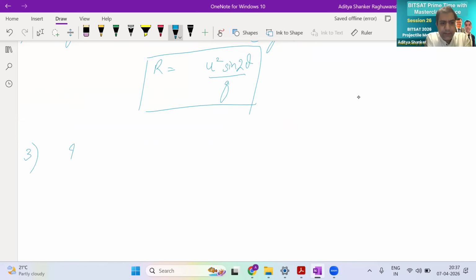H max means height maximum which it has reached. So now I can use formula Vy square equal to Uy square plus 2 AS. Are you getting? Or I can write AY SY in vertical direction I'm going to apply.